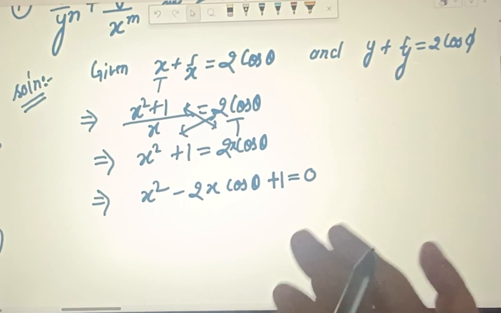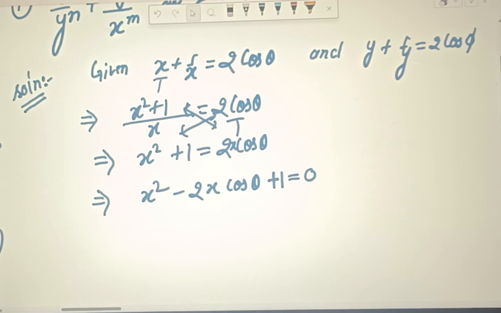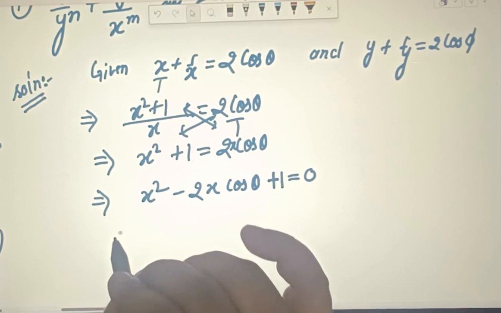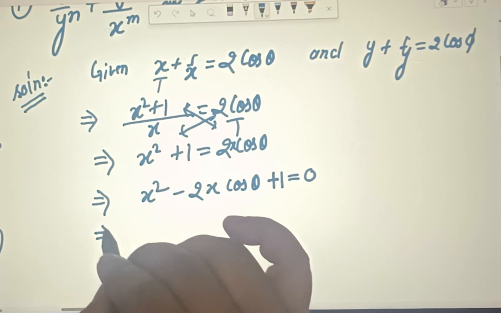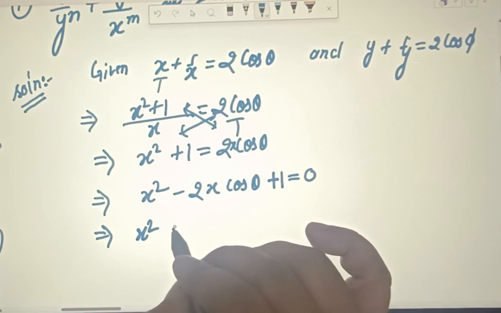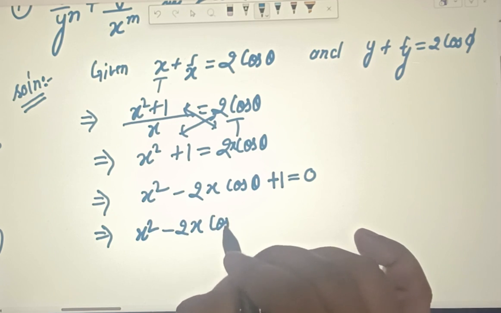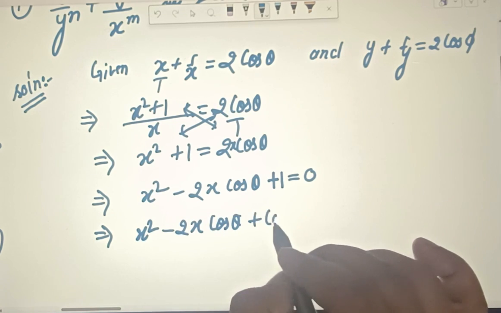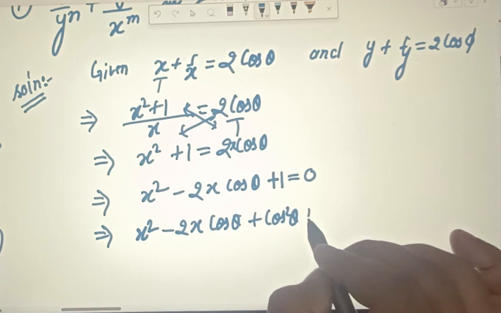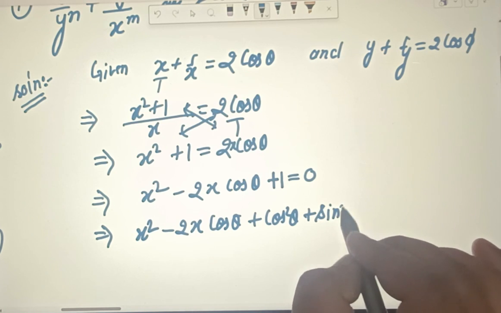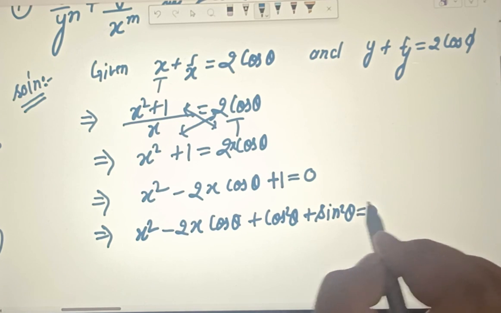In short, I can write it as x square minus 2x cos theta plus cos square theta plus sin square theta. A simple manipulation required here.